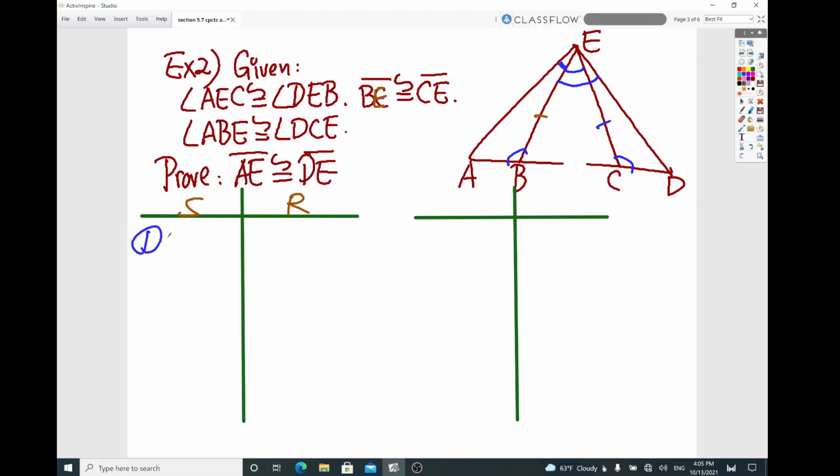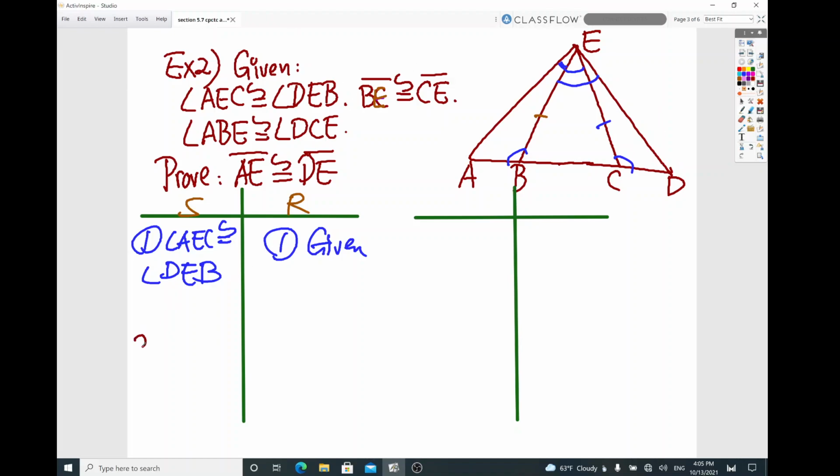We start with the given: angle AEC is congruent to angle DEB, and then the rest of the given statements. You can put them all there. Since we labeled it already, let me just reconnect this part. So all the givens that we have written down.